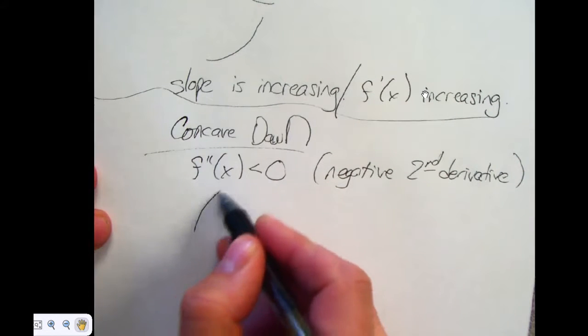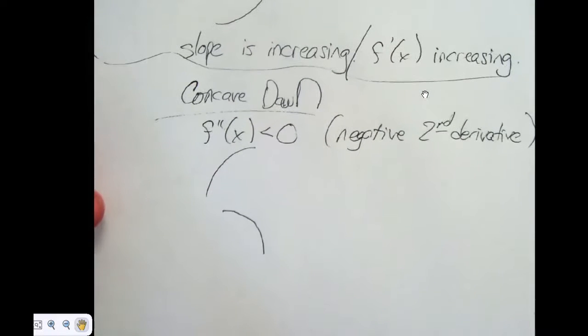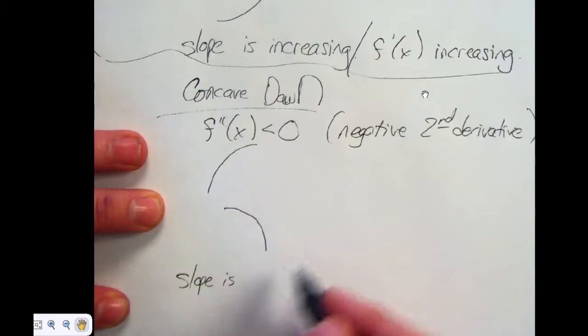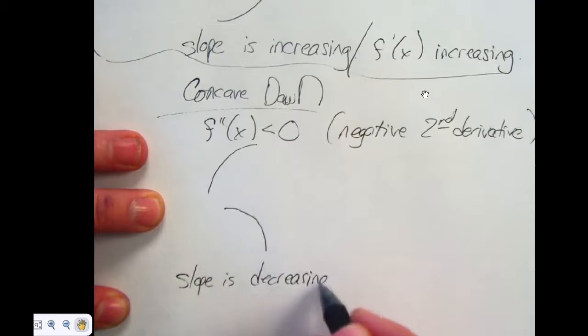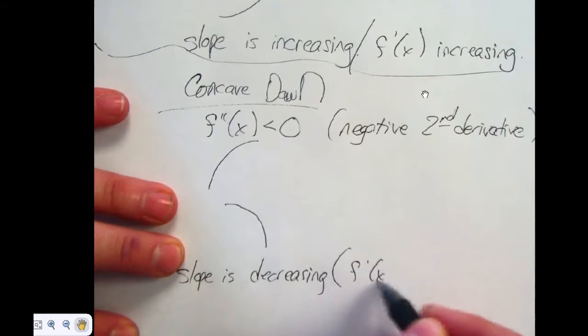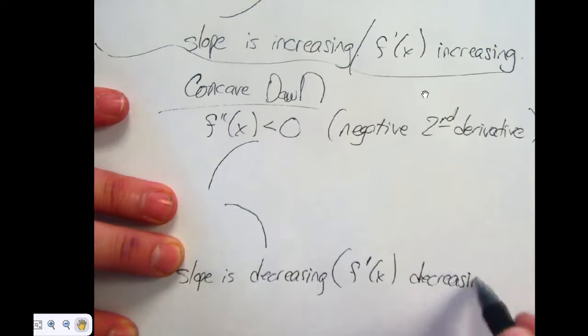It's going to be either that part or that part, but it's curving down. And it means your slope is decreasing, or f prime of x is decreasing.